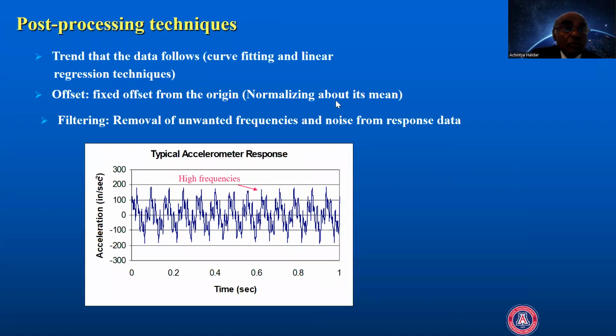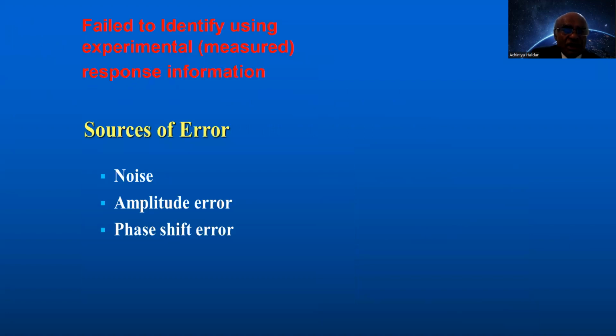This is called post-processing technique. It always happens during dynamic experimentation. We got rid of the offset and the slope. We used different types of filters to get rid of high frequencies, but we could not, and our algorithm did not converge.